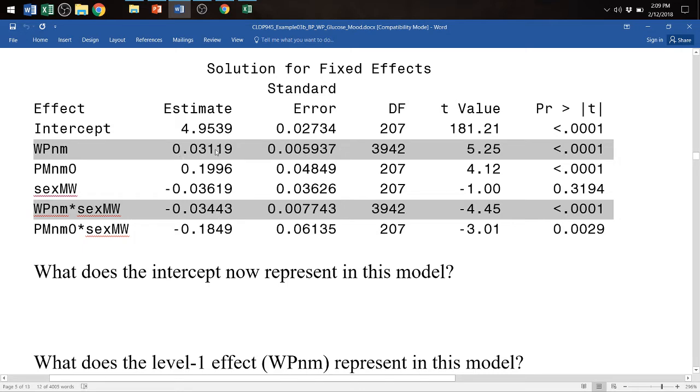So it was significant and positive in men. It is significantly less positive in women, such that if you added those together, 0.03 minus 0.03, it would be close to 0 in women.